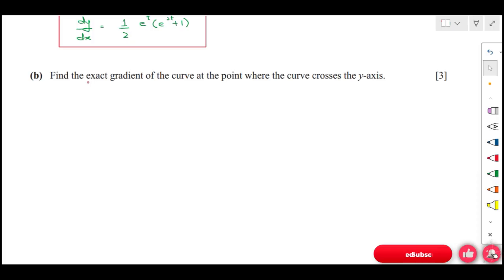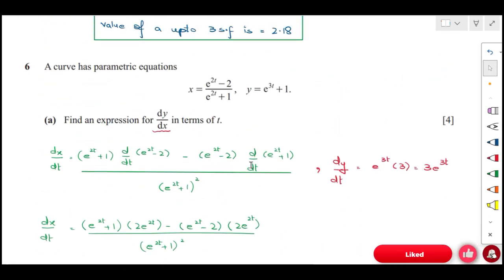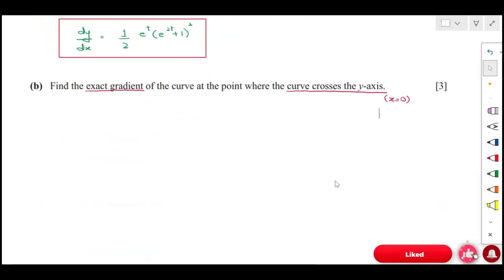Now for part B, find the exact gradient of the curve at the point where the curve crosses the y-axis. When the curve crosses the y-axis, its x should be equal to 0, right? So we have x. So we can put just x equal to 0 and solve for the t value, right?